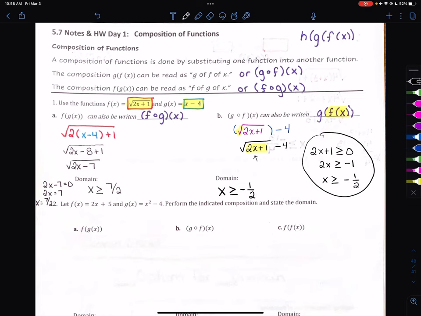But if x was 0, which is larger than negative 1/2, 2 times 0 is 0. 0 plus 1 is 1. And then we can take the square root of 1. So then I could do 1 minus 4. Keep that in mind. That is why that domain is really important to us.